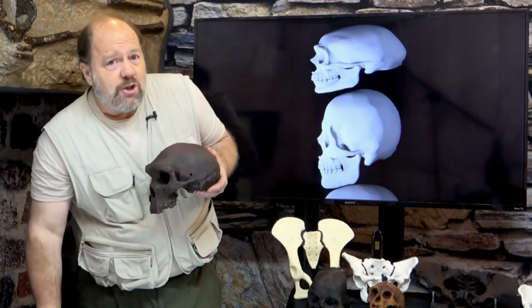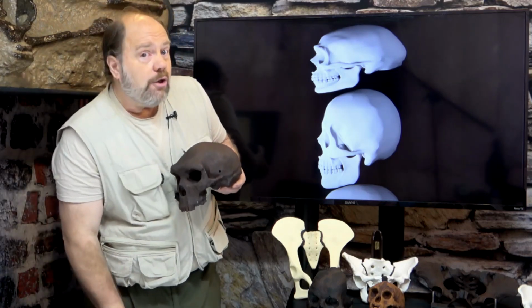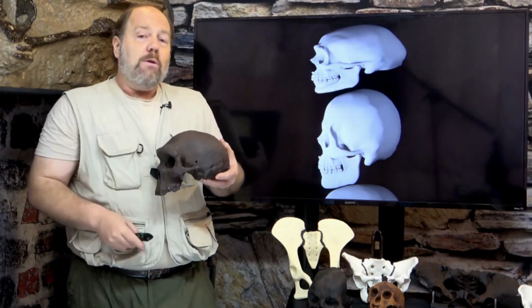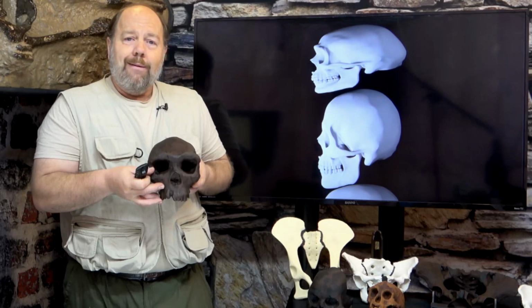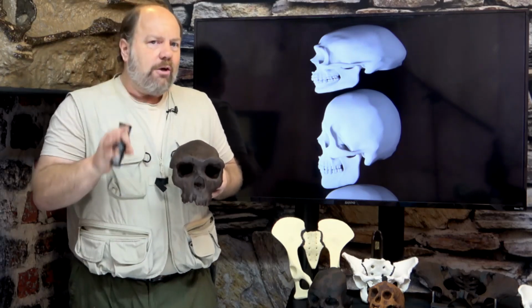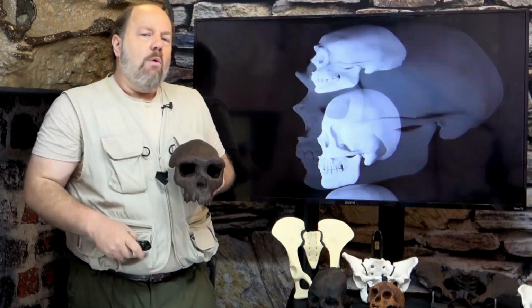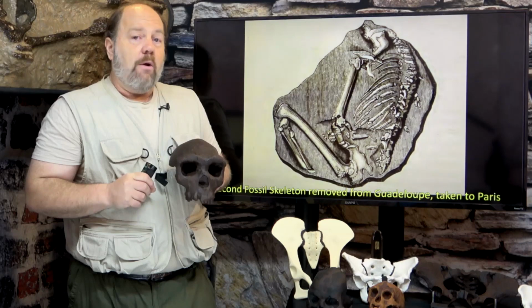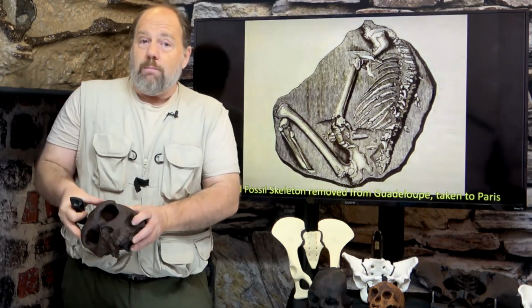One of the most common questions I get is, where are all the human fossils? Well, there's one for starters, but you've been told it's not human, that it's somehow subhuman, when in fact it is completely modern man. In 1805, two nearly complete human skeletons were excavated from the Caribbean island of Guadeloupe.